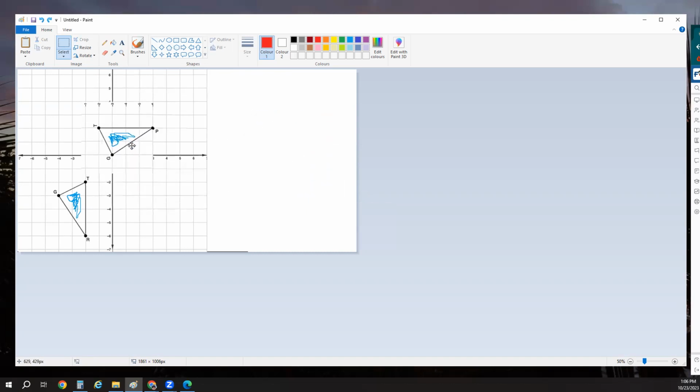Oh, look at that. That looks like it would overlap pretty good. So if I rotate it to the left, that is a counterclockwise rotation. And then I'm going to have to move it probably.